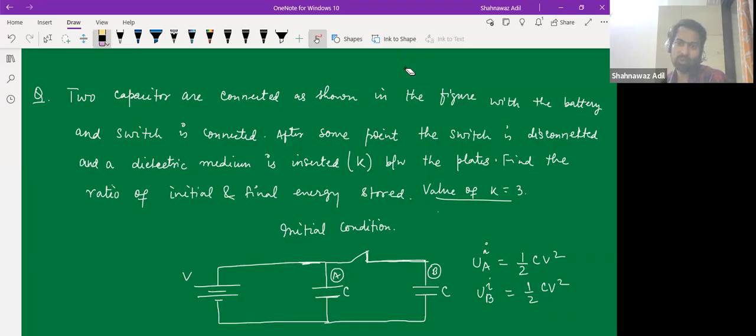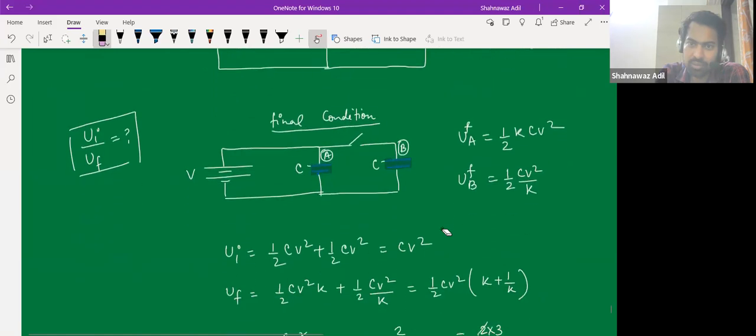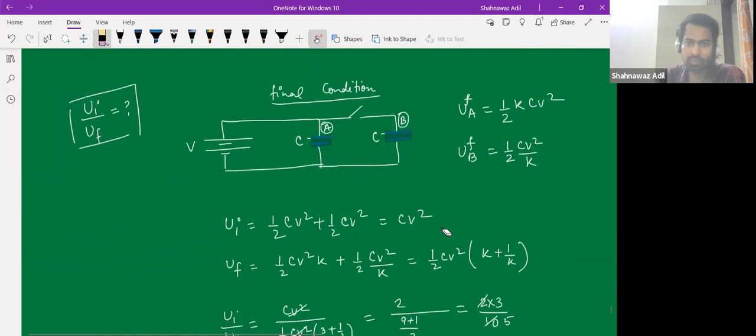Whenever you want me to scroll down the screen, please tell. Yes, I can scroll down, and scroll up.